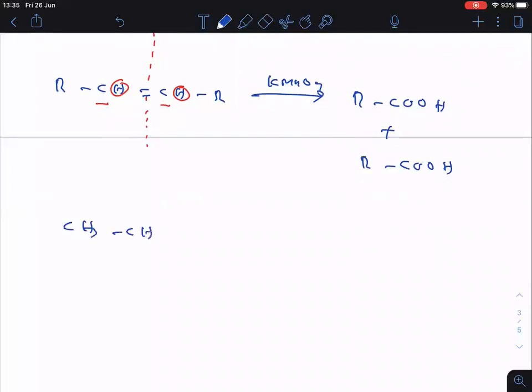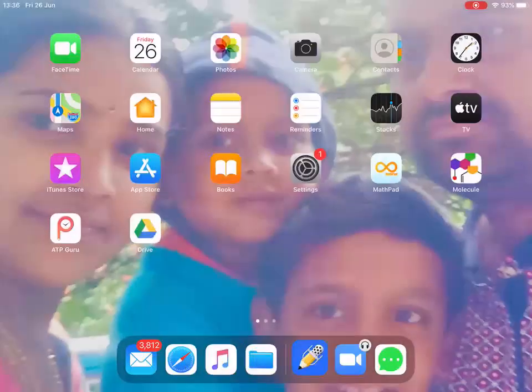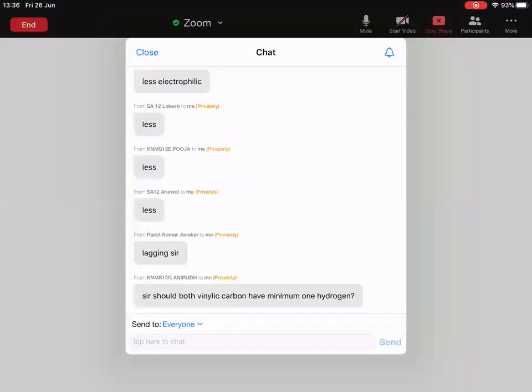Let us take an example now to explain this. CH3, CH double bonded CH, CH3 undergoes oxidation with KMnO4. Okay, tell me what is the answer? Everyone tell me, respond.